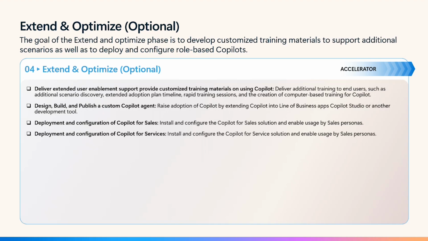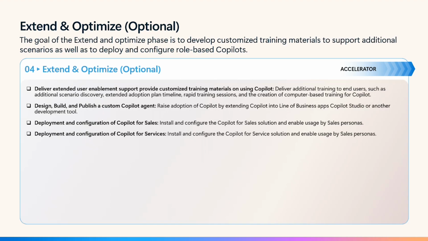So as you see, under this phase, we need to design, build, and publish a custom Copilot agent. We need to raise adoption of Copilot by extending Copilot into line of business applications. We absolutely need Copilot Studio to build this kind of agent.